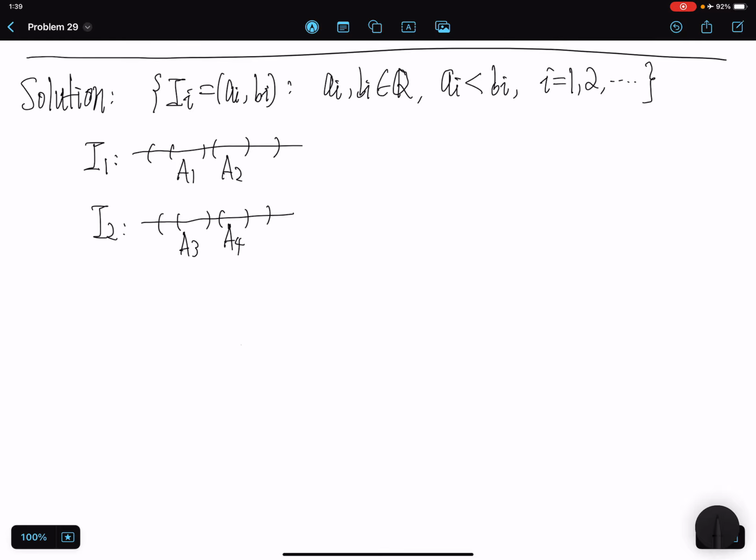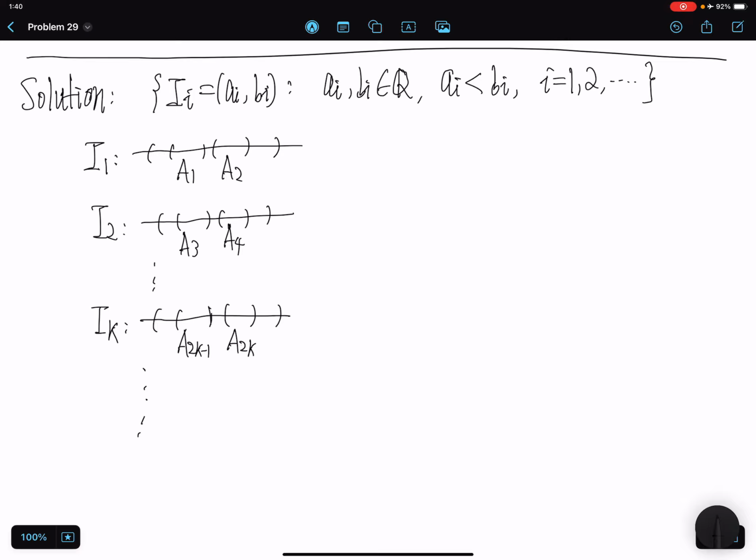They don't have to be distinct. I just draw this, but they don't have to be disjoint, and they can overlap. And for the k-th interval, we want to find inside it A sub 2k minus 1, and another one, A sub 2k, and so on, right?